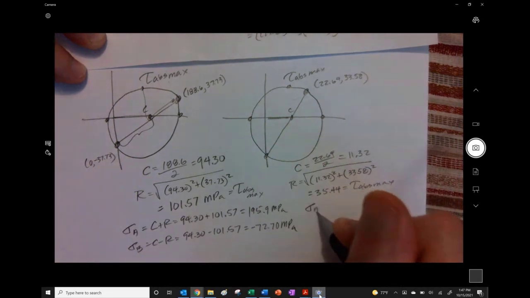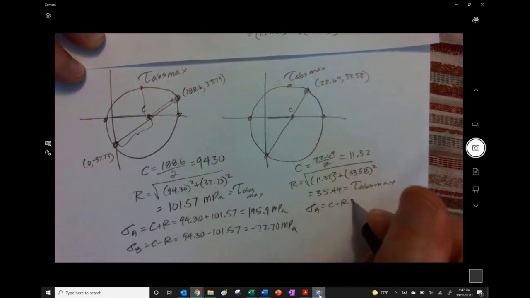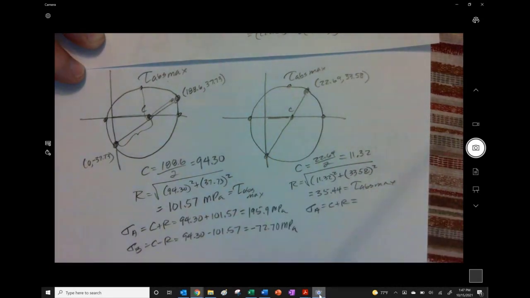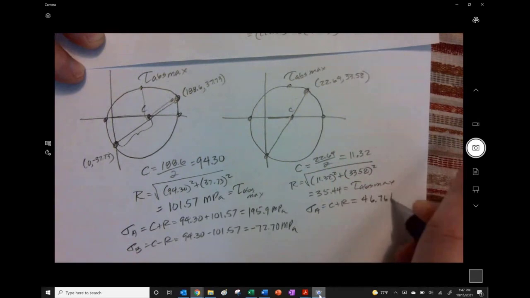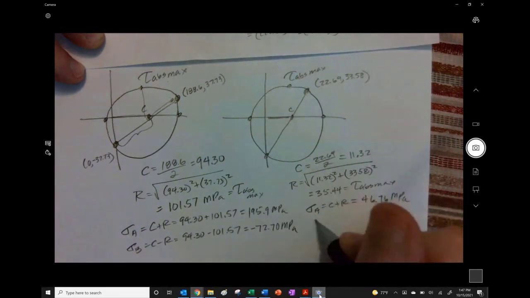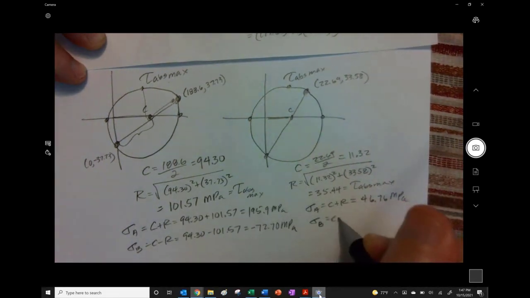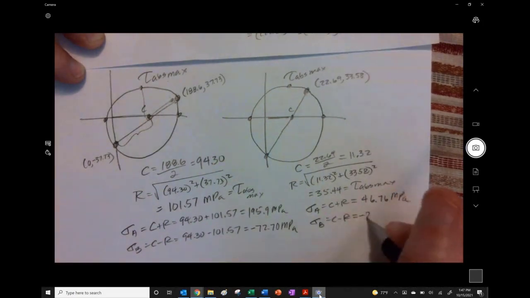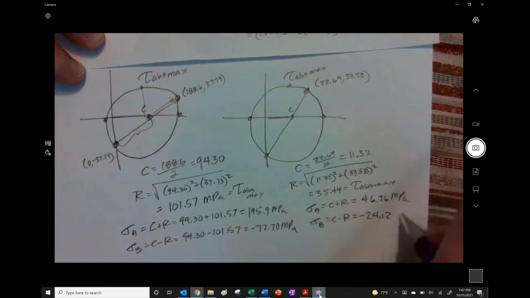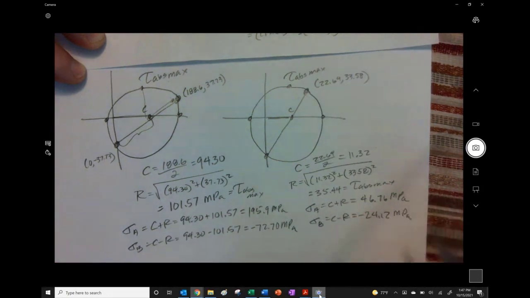So sigma A, C plus R, I don't need to write them out. It's 11.32 plus that, which goes to 46.76. Sigma B, C minus R, so 11.32 minus 35.44, and we get negative 24.12 MPa.